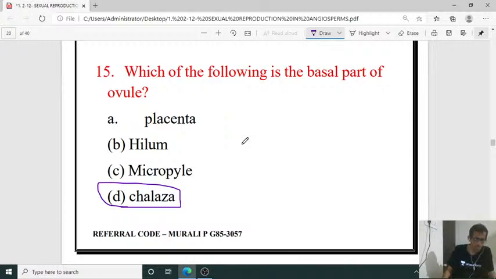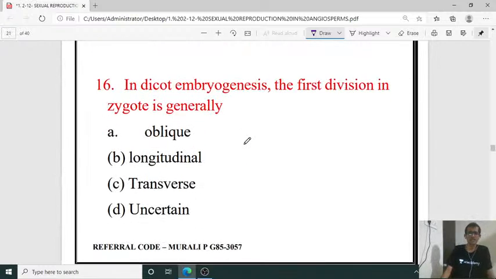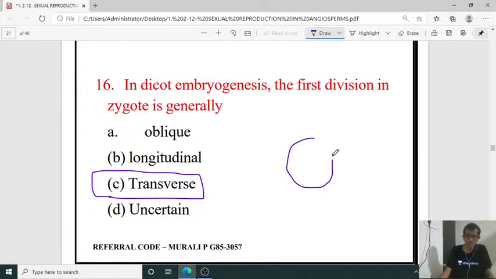Next, question number 16. In dicot embryogenesis, the first division in the zygote is generally what? It is transverse. In dicot embryogenesis, the first division in the zygote is transverse.